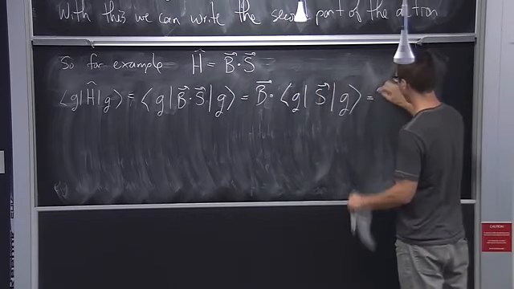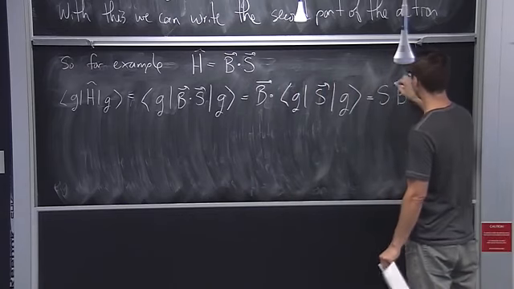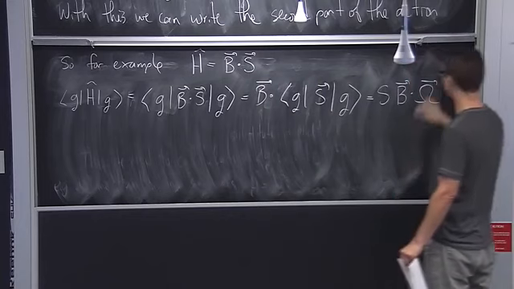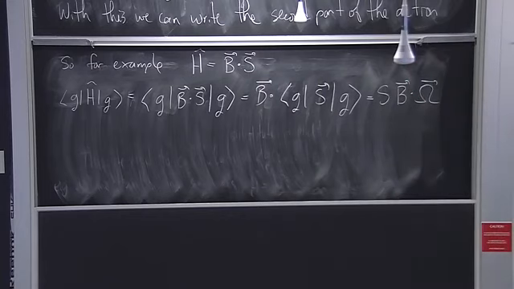Which is just S B dot omega. So what you're keeping track of with that term is the angle between, so whatever the magnetic field is, if it's uniform, you can just define it along the Z axis, right?